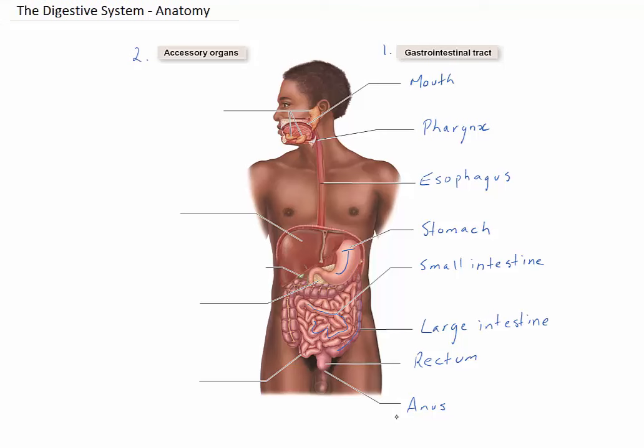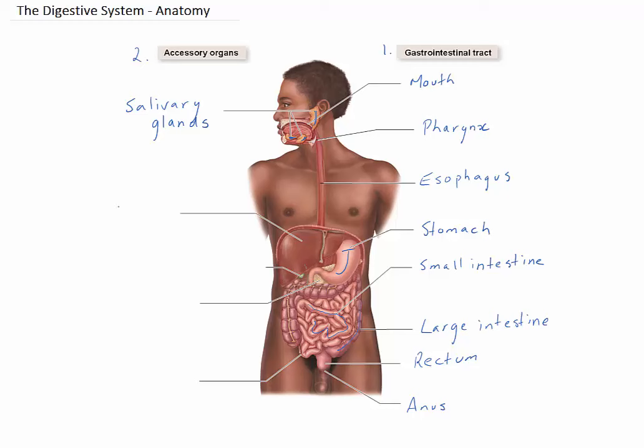The accessory organs which help the digestion of food in the gastrointestinal tract are the salivary glands, which are underneath your tongue and up at the back of your throat here.